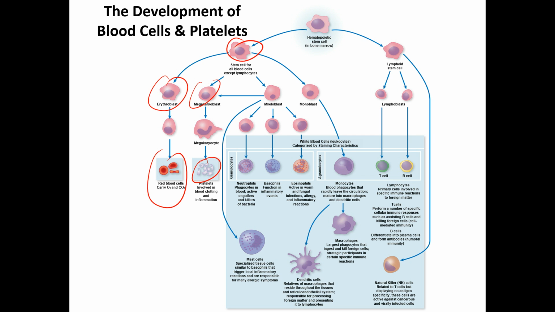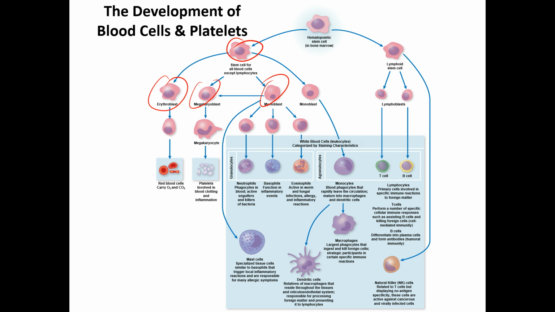You have your myeloblasts, which give rise to ultimately your leukocytes. So you have your neutrophils, your basophils, your eosinophils, and your monoblasts give rise to monocytes. You have other stem cells, lymphoid stem cells, that give rise to T and B cells.